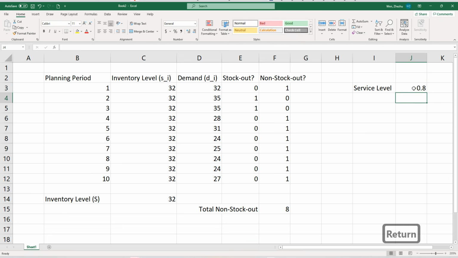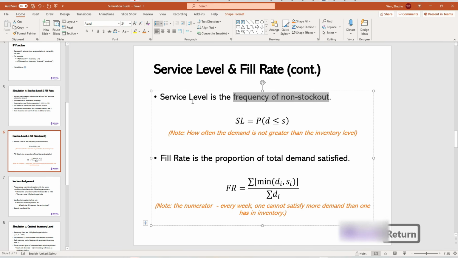This is what I meant by service level: how often, how likely a person will experience a non-stock out. We're not interested in every customer here, only in just one person, because we can apply the concept of probability to one person.